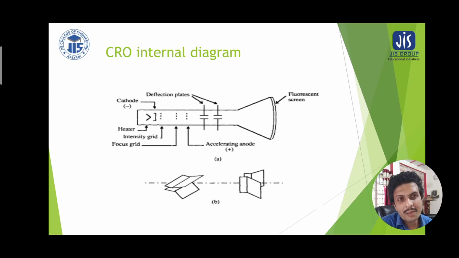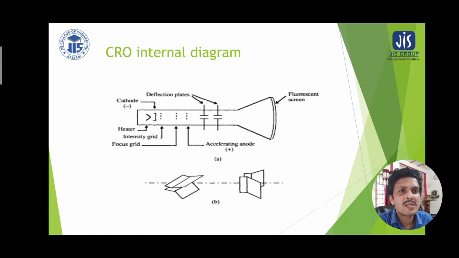And if voltage is applied to the vertical plates, then the electron beam is attracted towards the positive voltage, and that is why there is horizontal deflection of the electron beam. So it is a complementary setup, that is the physical setup is complementary to the action. The horizontal plates are responsible for vertical deflection, and the vertical plates are responsible for horizontal deflection.